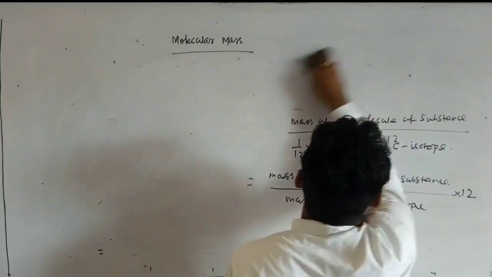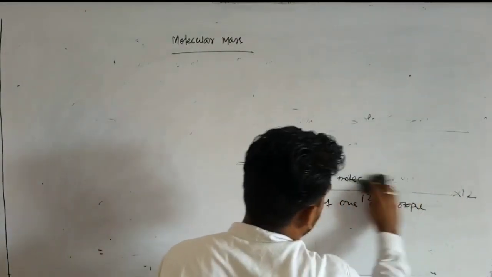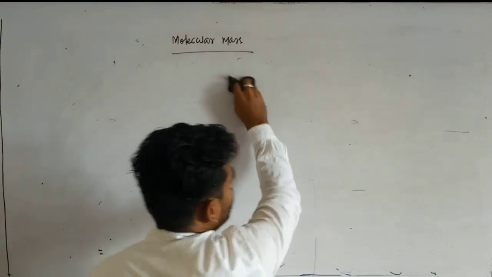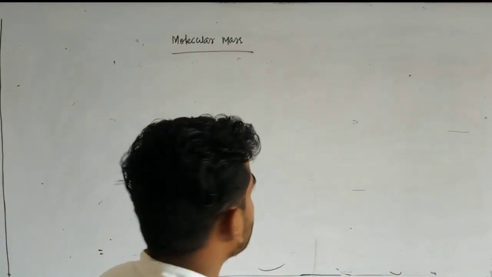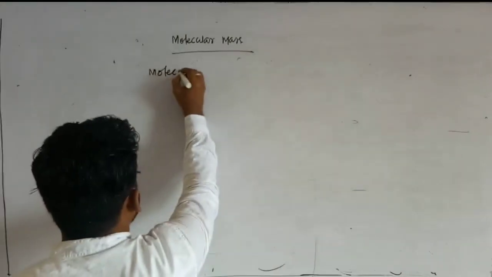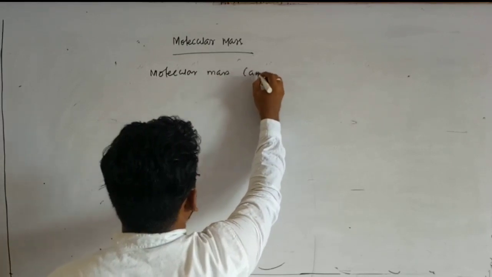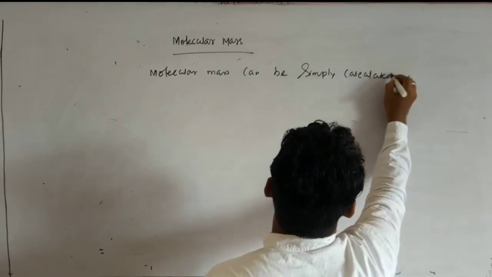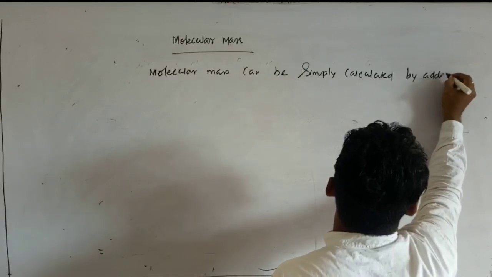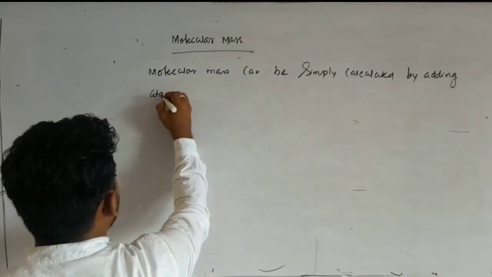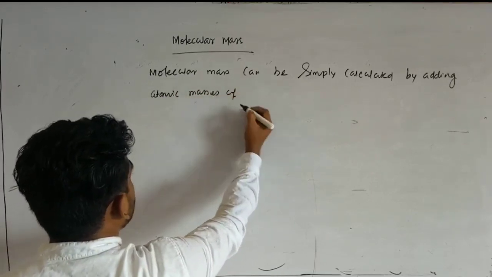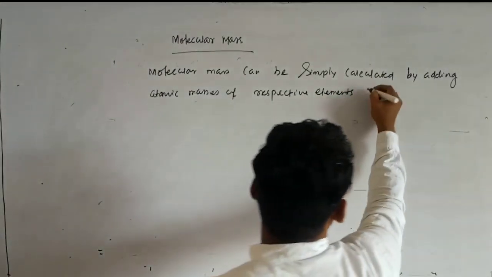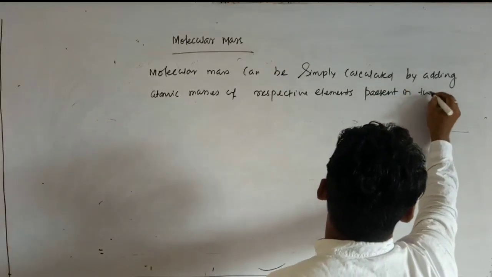Considering the formula, we can find the molecular mass very easily. For this, we need to remember the atomic weights of at least 30 elements. So molecular mass can be simply calculated by adding the atomic masses of the respective elements present in the formula.